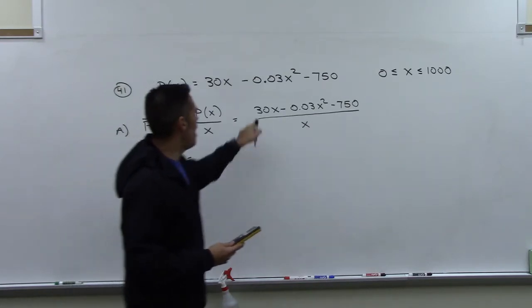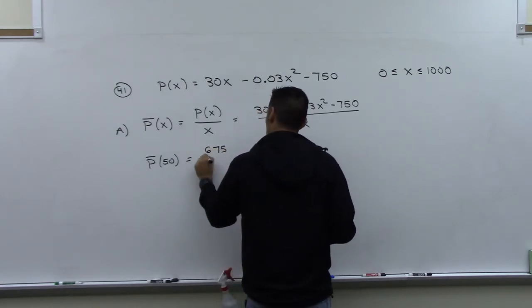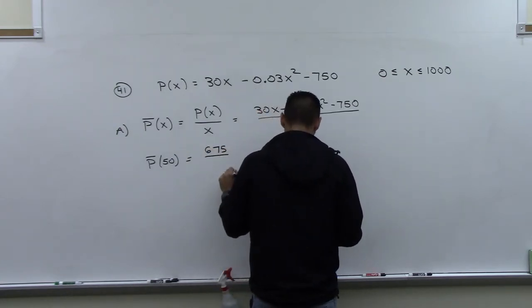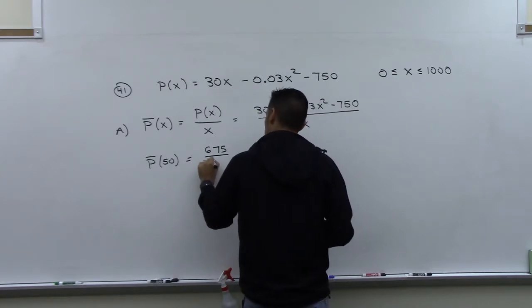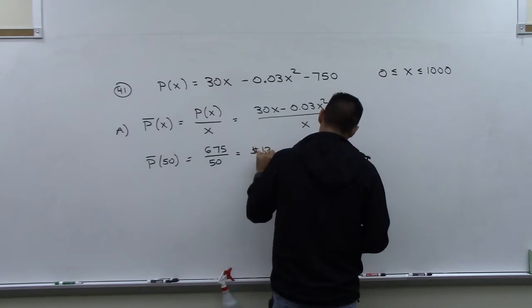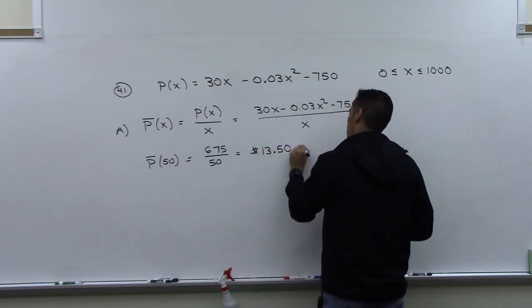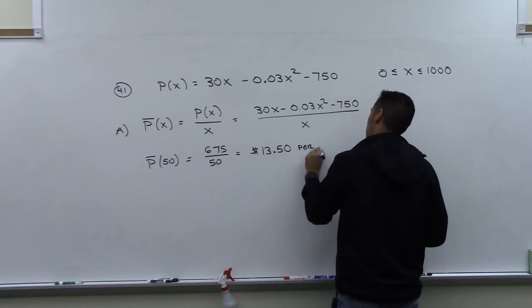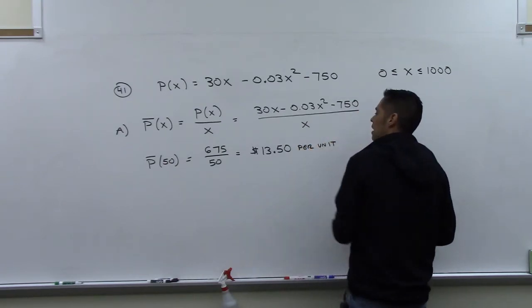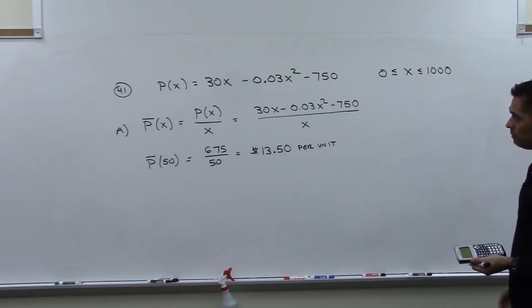So just the top, when you plug in 50, is 675, and then over 50, you get $13.50. So our average profit per unit is $13.50 if we sell 50 lawnmowers.